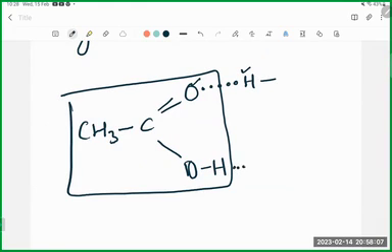And similarly, oxygen can come down and make a bond with hydrogen. So I'm taking the same compound, but reversing the order. Clear, Hridaya? You can see this has come in the opposite direction. Both are coming in opposite directions.